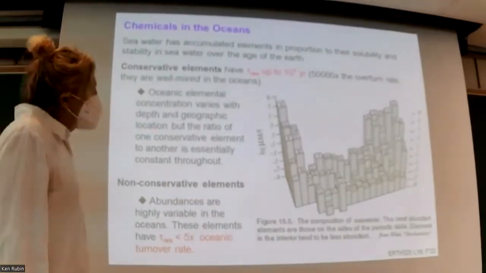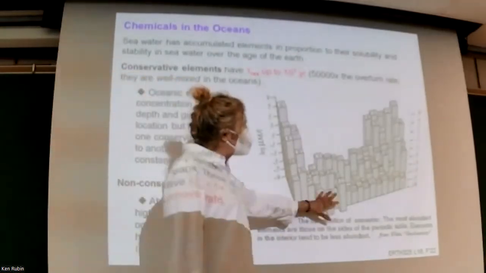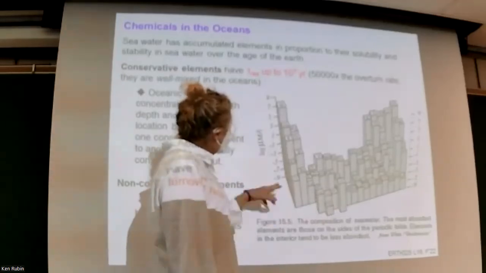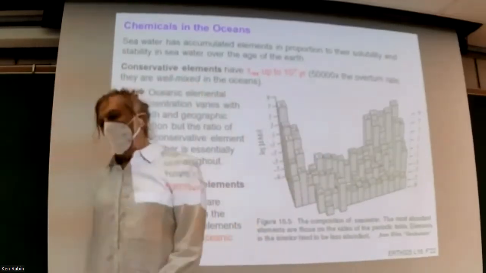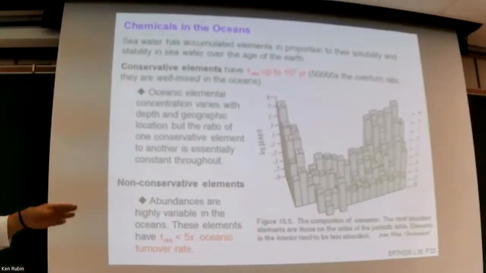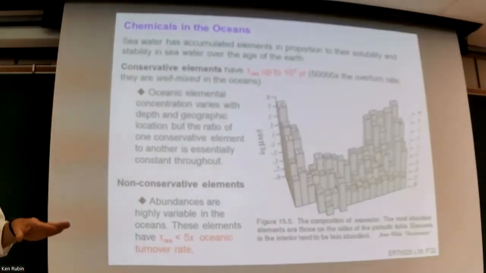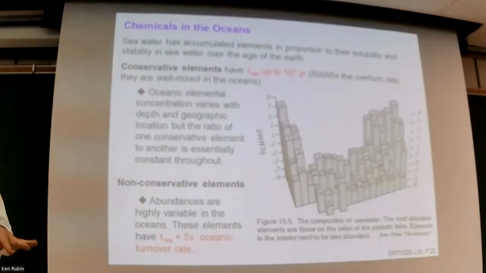We have the concentration of the elements in the periodic chart, on a log scale in micromoles. Some elements are high, some elements are low. One thing that is significantly different about the oceans compared to the rest of the hydrologic cycle is that they are comparatively a lot less organic. Not everywhere.